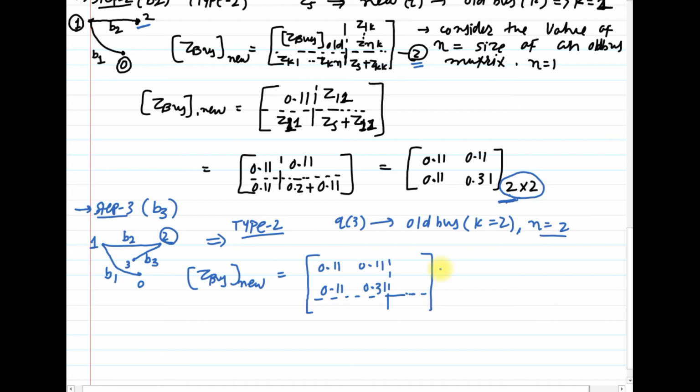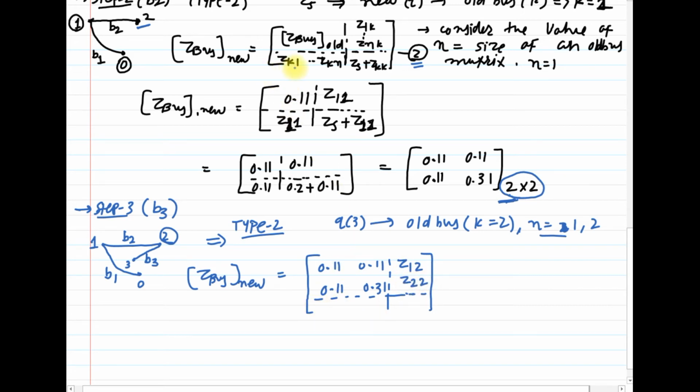But I have here considered n is equal to 2. So I will write Z1k where k is equal to 2. So Z12 up to Znk. So n is equal to 1 and 2. If you wish, you can write more specifically n is equal to 1 and 2 over here. So 1 and 2, that means Z12 and Z22.